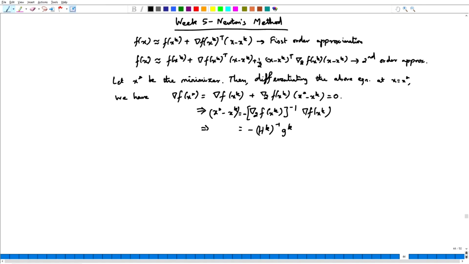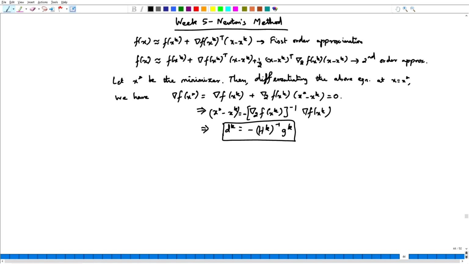This implies that we are going to choose the direction d k as minus of h k inverse g k. Okay. So, from here the algorithm is very simple.